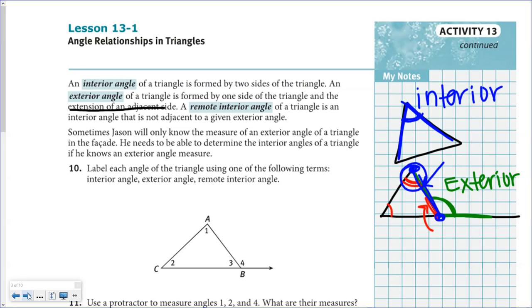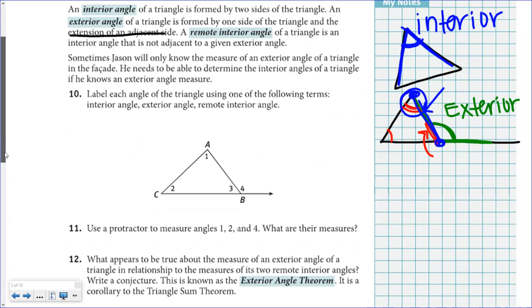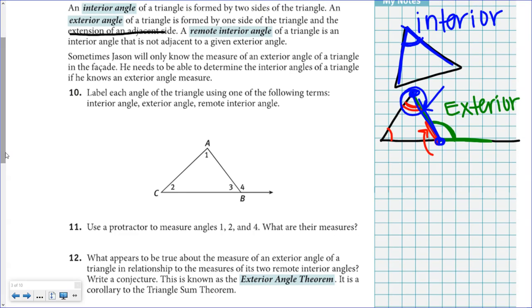So let's look at number 10. I want you to figure out, are they interior, exterior, or remote interior angles? When you're looking here, it can help by labeling the exterior angle first. The one that is exterior is angle 4. Then the one right next to that is an interior angle, the one that is sharing the vertex.